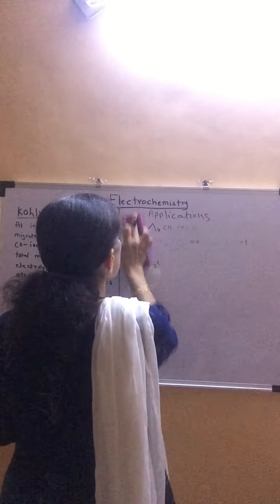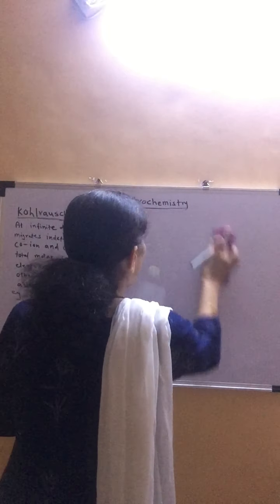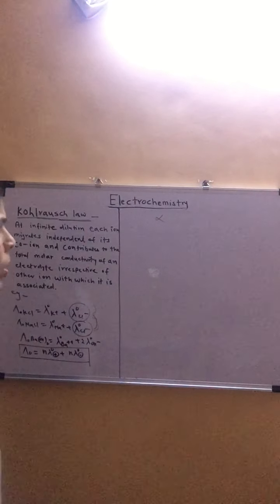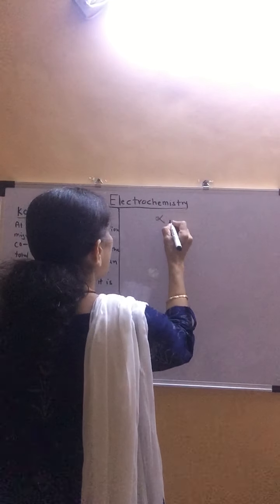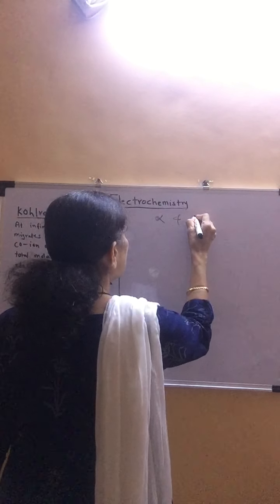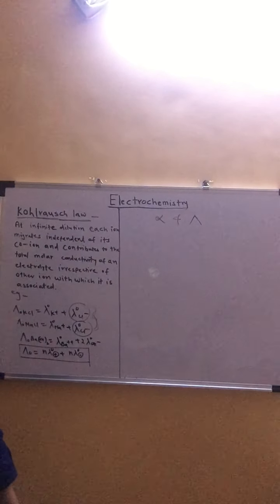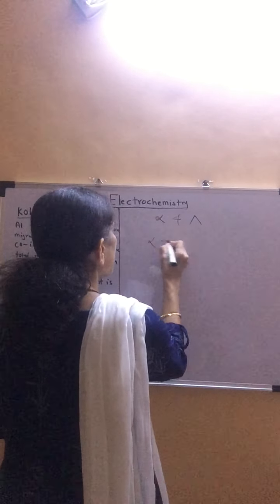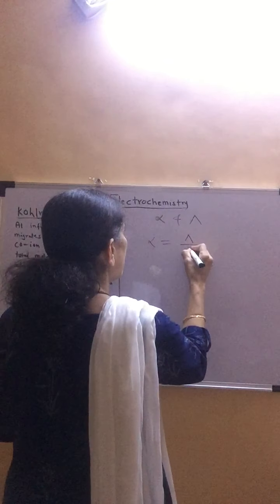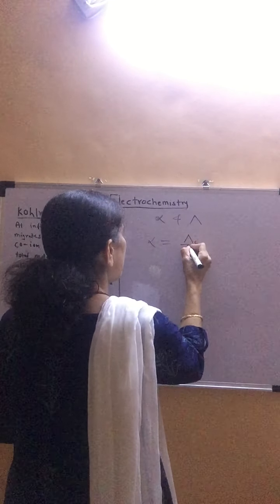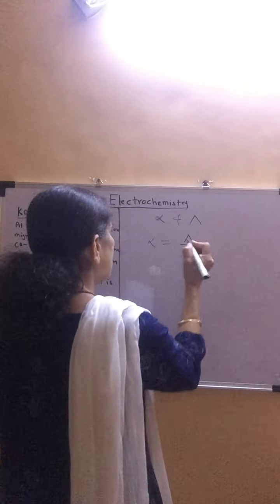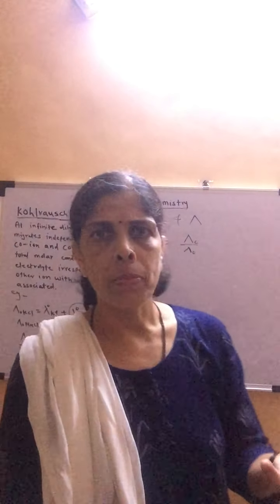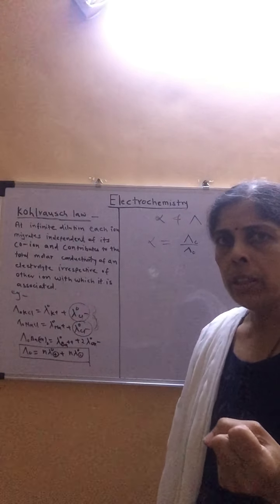Now one more point we will discuss. What is the relationship between degree of dissociation alpha and molar conductivity of the weak electrolyte? Alpha is equal to lambda C upon lambda naught. Alpha is degree of dissociation, that is, how much dissociation of the particular electrolyte has taken place in the solution.